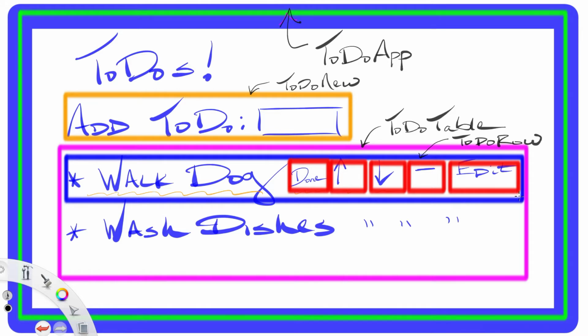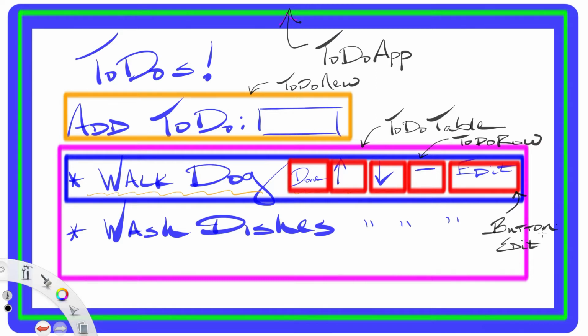And we have a bunch of buttons. We may or may not prefix the component names with the word ToDo. I don't know, we'll see. But for now, I will prefix them with edit, or the word button.